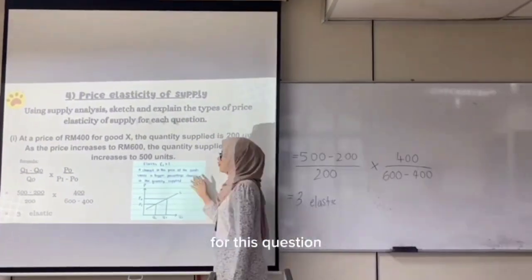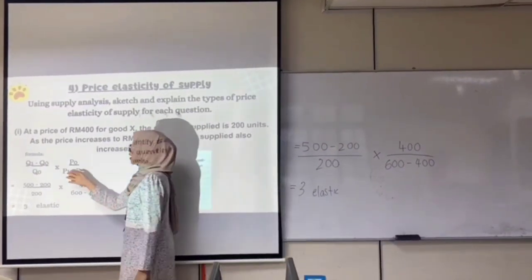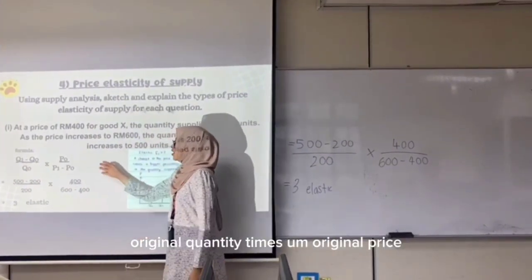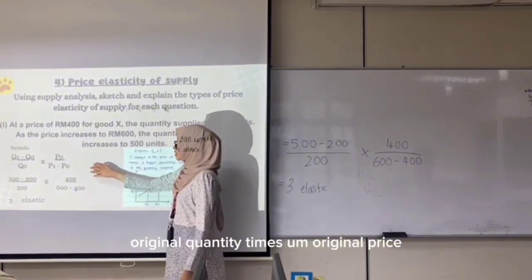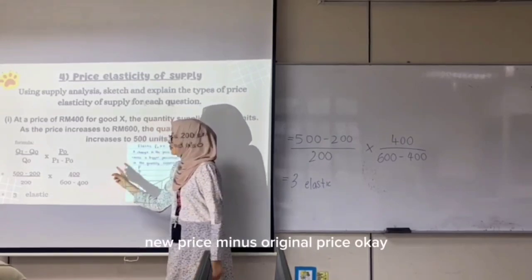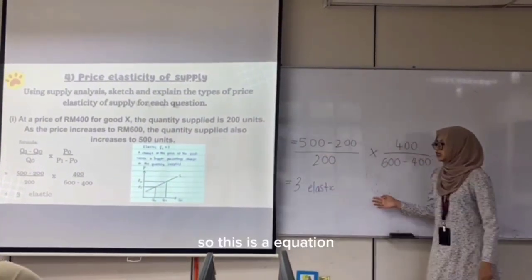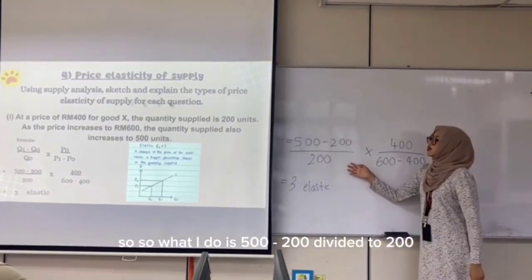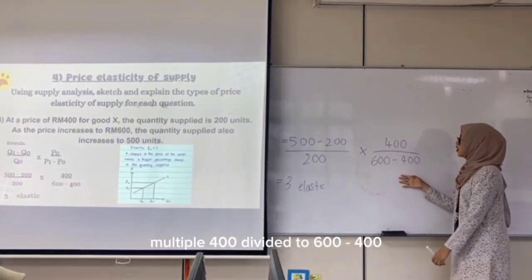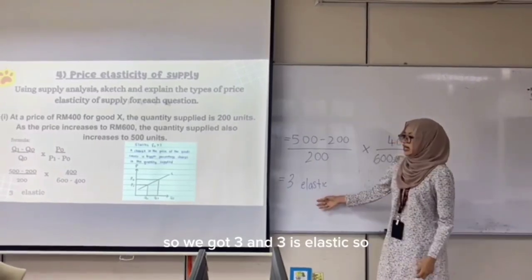For this question, the formula is new quantity minus original quantity, divided by original quantity, times original price, divided by new price minus original price. So what I do is 500 minus 200 divided by 200, multiplied by 400 divided by 600 minus 400. So we got 3, which is elastic.